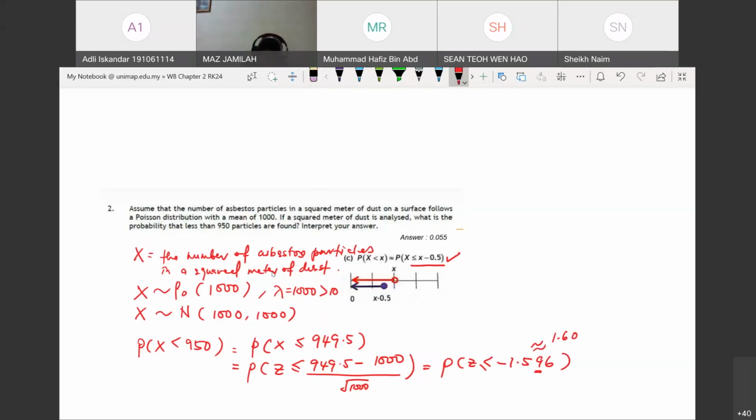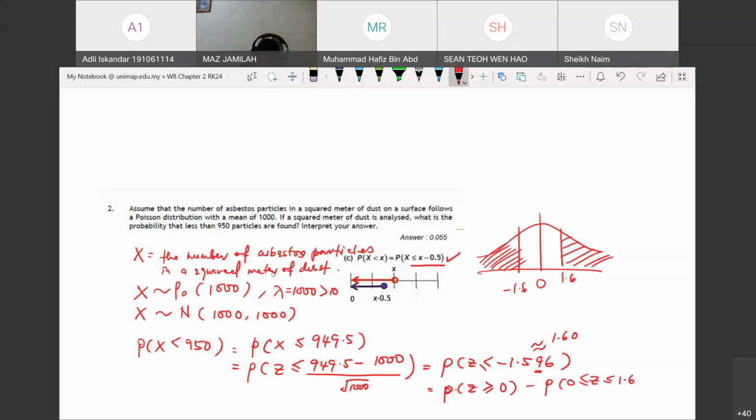So if you look at your table, less than negative 1.6 is the same as this one. So this will be 0.5, P(z greater than or equal to 0) minus P(z from 0 until 1.6).